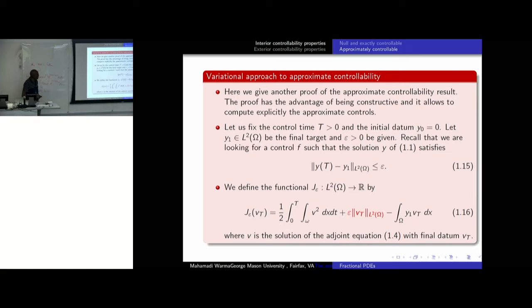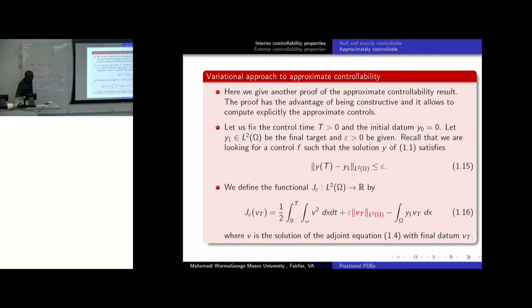We fix a time T, and we can take our initial condition to be 0. We let y1 be a final target and epsilon positive. Then we recall that we are looking for a control function F such that the solution y of our heat equation satisfies this inequality, which means the norm of y(T) minus y1 is less than epsilon.